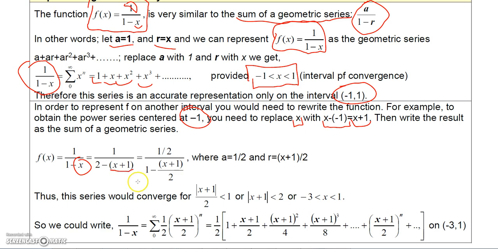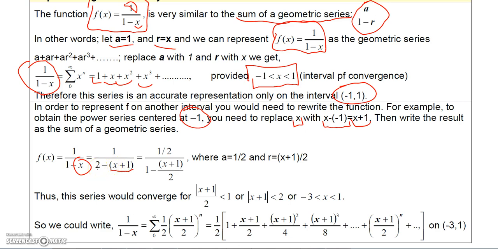Now if you do that, that is not exactly the same as 1 over 1 minus x. So to keep it the same, I'll have to change this number to 2. See, if I write this as 2, then 2 minus x minus 1 is the same as 1 minus x. But the key was getting this to be x plus 1 so that it's centered at -1.